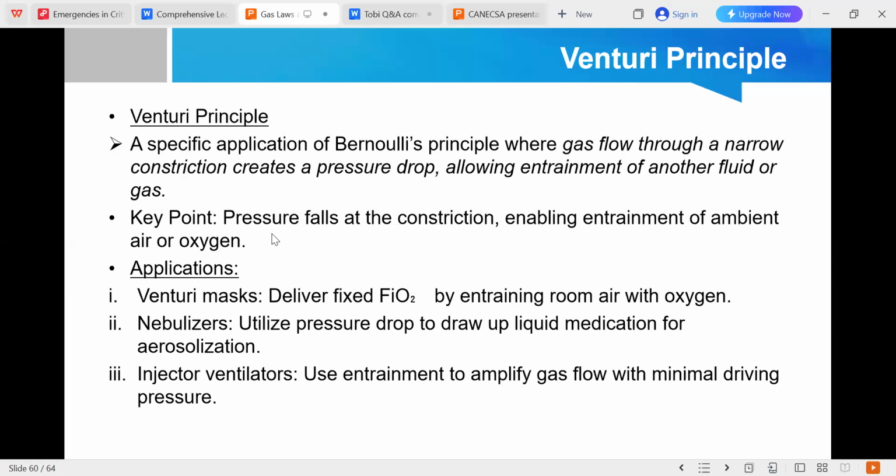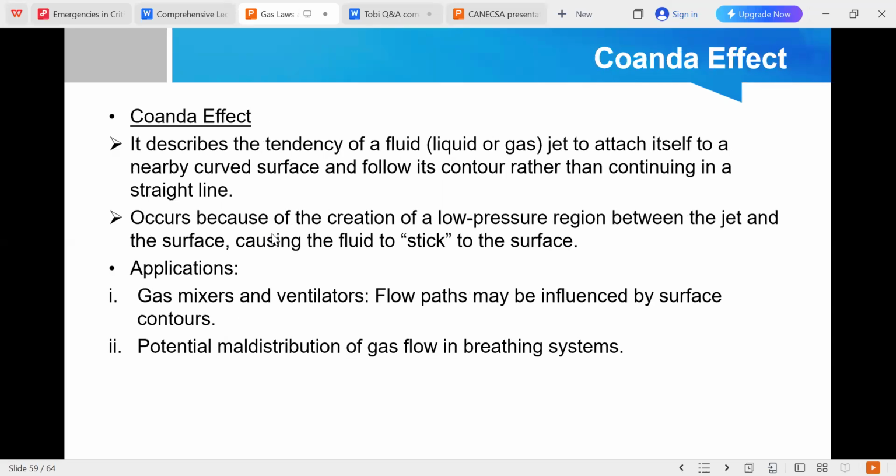The Venturi principle relies on application of Bernoulli's principle, where gas flow through a narrow constriction creates a pressure drop. I mentioned this before. The Coanda effect is important, especially in some ventilators with no movable parts. It describes the tendency of the fluid to attach itself to a nearby curved surface and follow its contour rather than continue in a straight line.